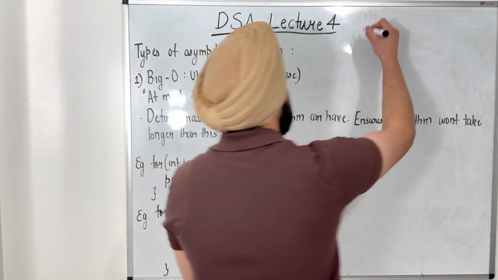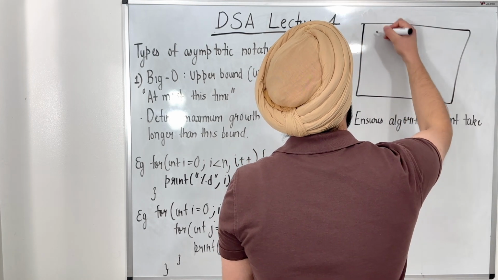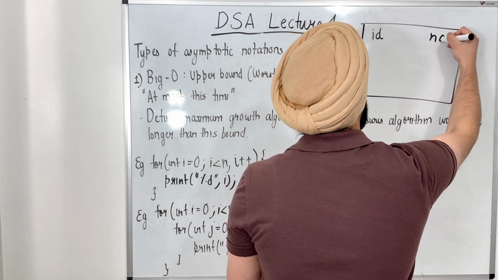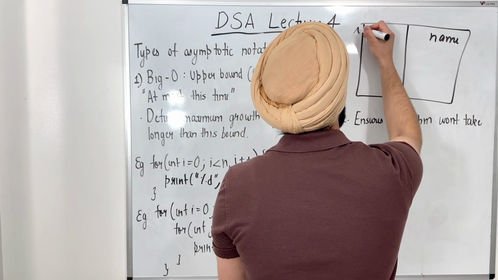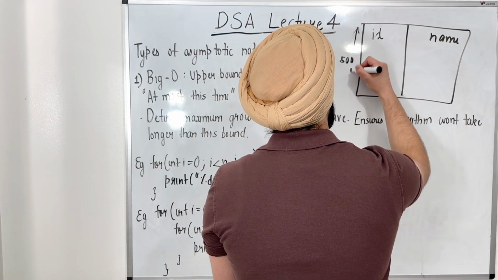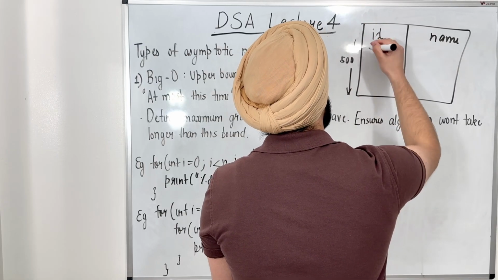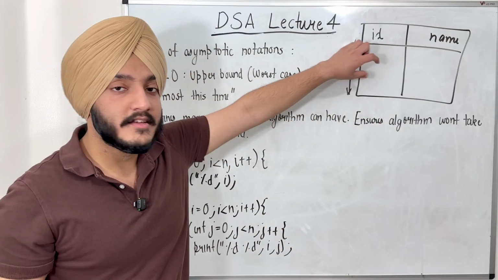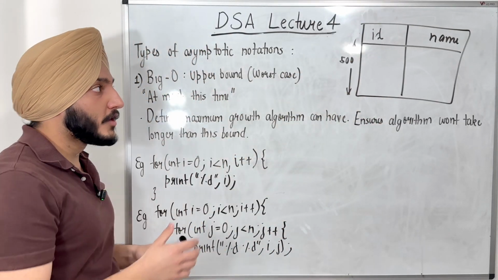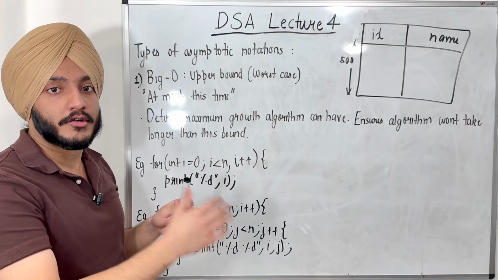Let's take a basic example, right? Let's say you have, again, a database, right? Let's say you store the ID and names of students. Let's say you have 500 different IDs and names, right? Now think about they're sorted in the order of IDs, right?